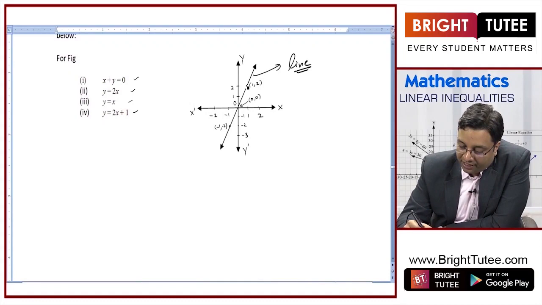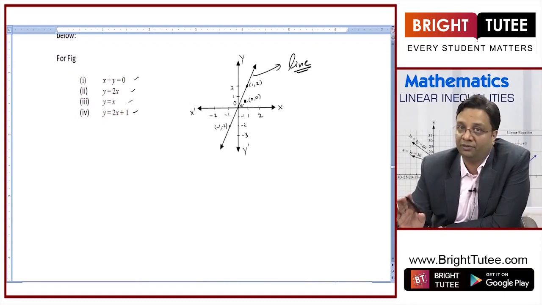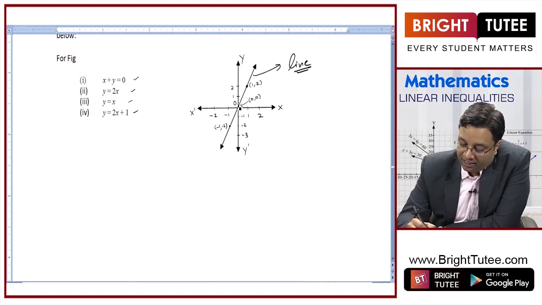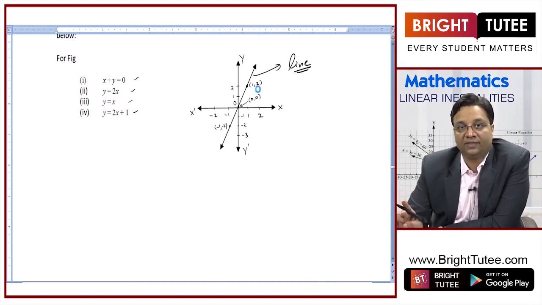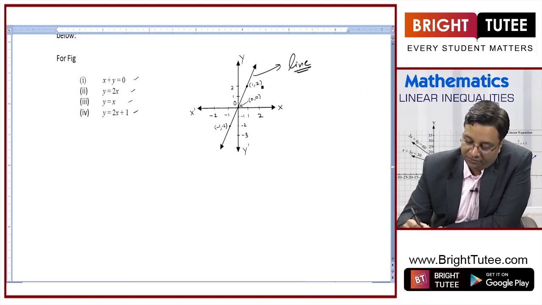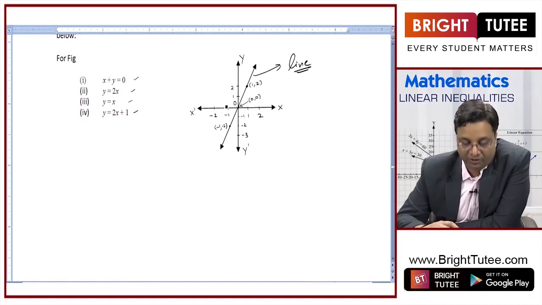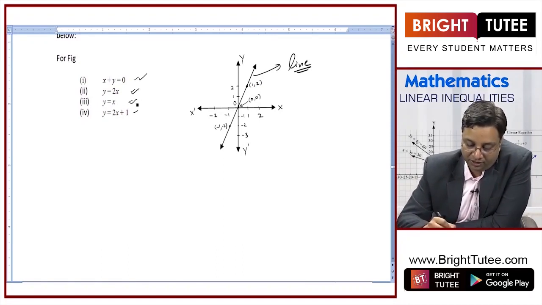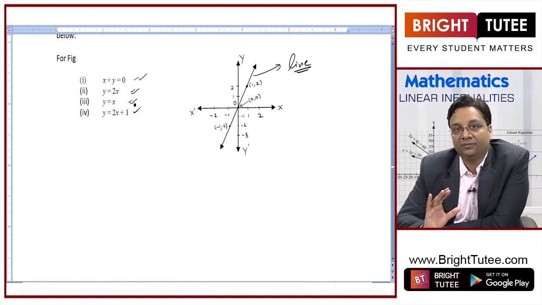Every point on this line should satisfy the equation. Okay, that will be the equation. Now how many points do I need to check? I need to check 2 points at least, right? So if any 2 points lying on this line satisfy a given equation out of these, for this case, that will be the equation.